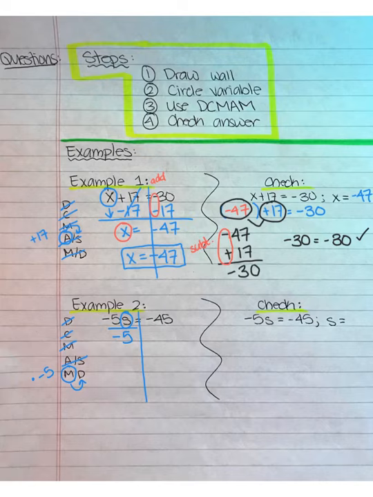Now, what we do to one side, we do to the other. So since I divided the left side by negative 5, I'm going to divide the right side by negative 5. The good thing is, negative 5 divided by negative 5 is 1. So there you go, giant 1. So I'm left with S is equal to negative 45 divided by 5.